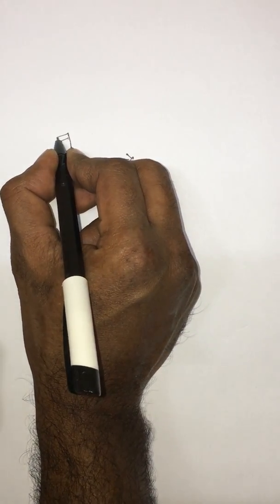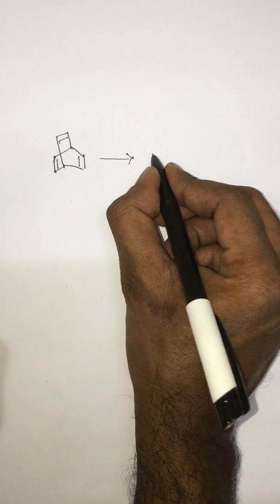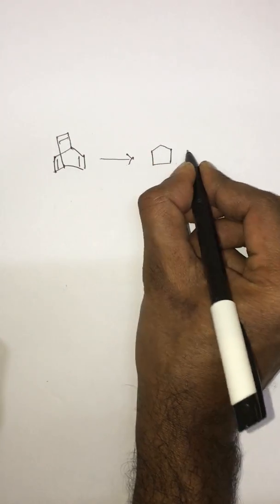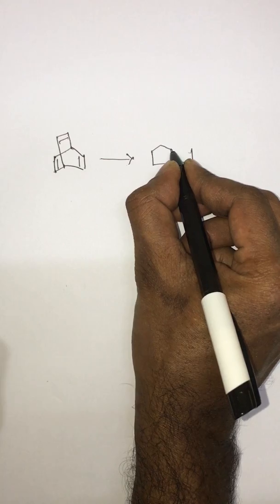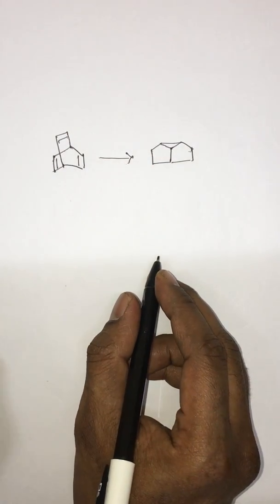So it can be this or this. So here the mechanism, the final product I am writing here. The same procedure, you just follow the same procedure, you will get the mechanism, you will get the product.